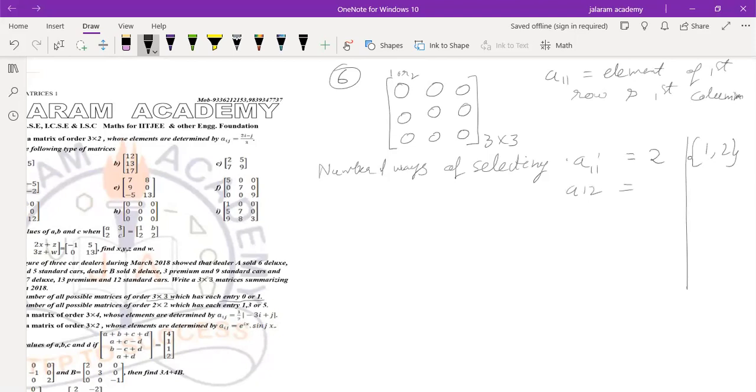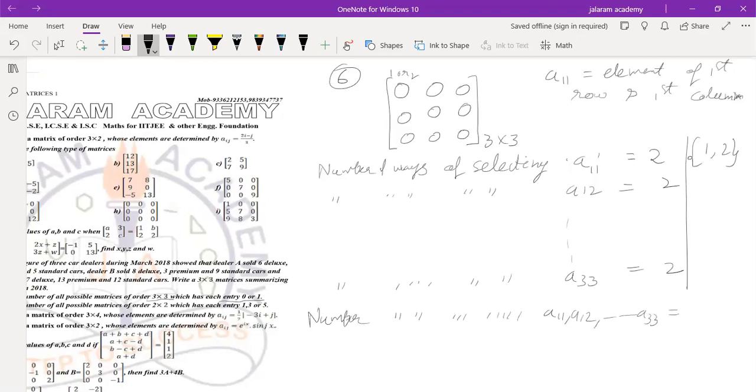Similarly, the element of the second column has 2, and the element of the third row, third column also has 2. And all of them are done simultaneously. So how many ways are there of selecting A11, A12 and so on up to A33?